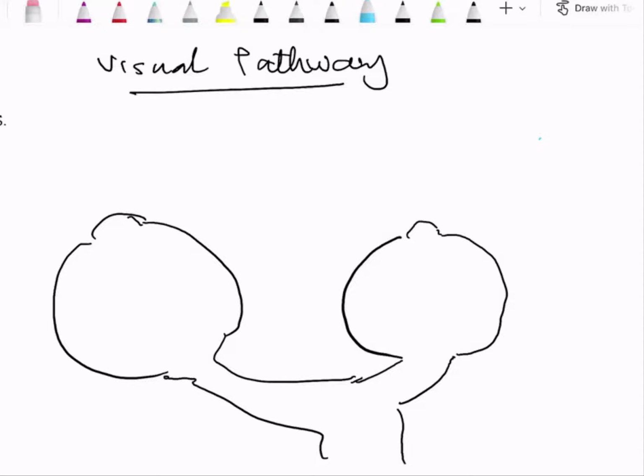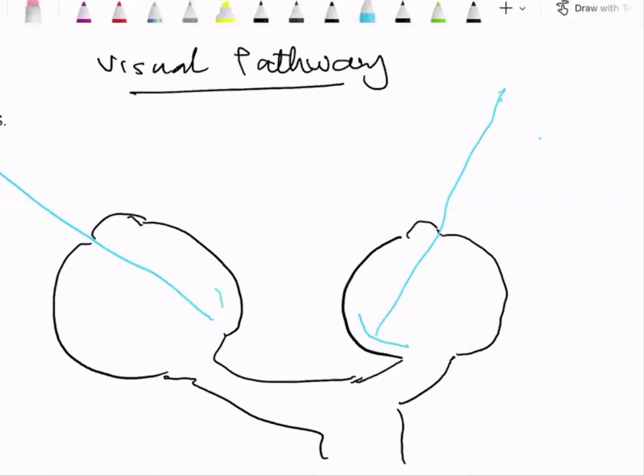So the right visual field is the temporal, for both eyes.